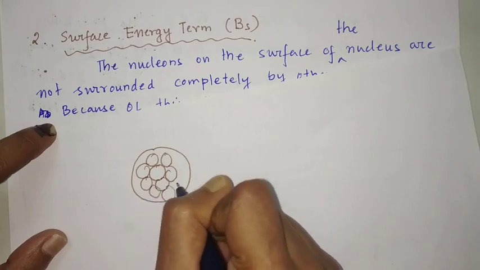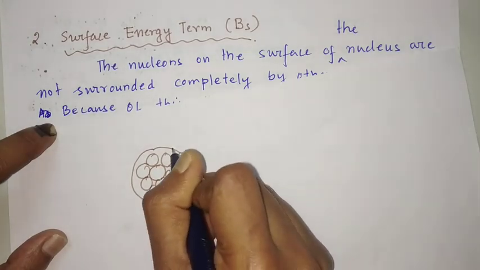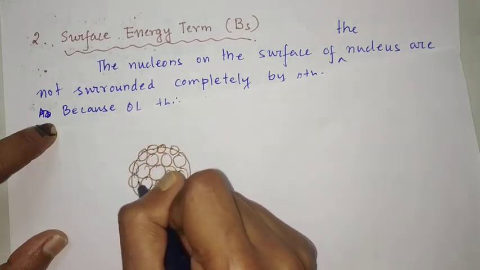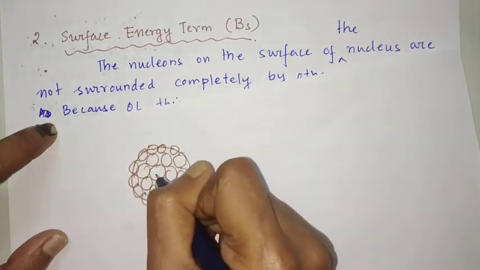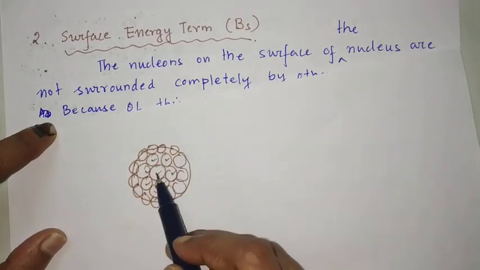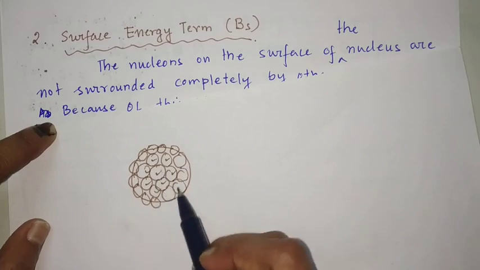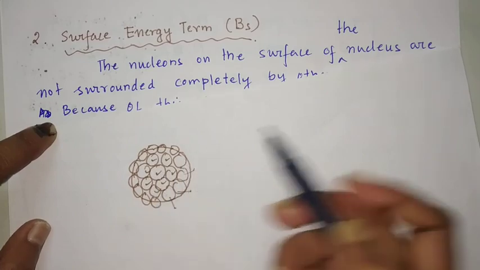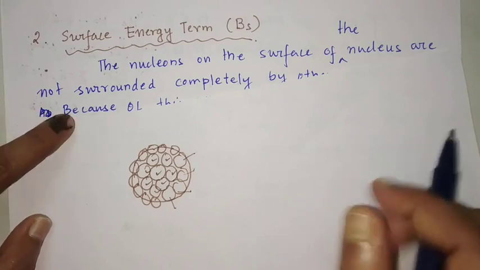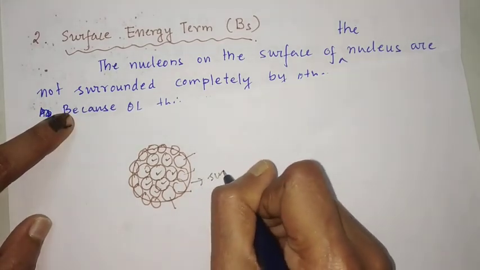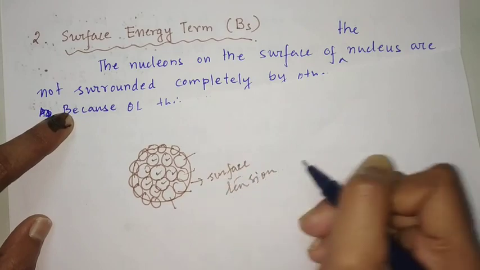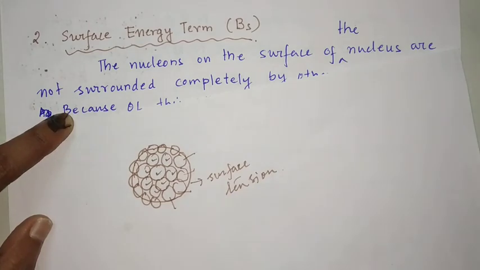If you look at the nucleons at the surface here, they are not completely surrounded by other nucleons, unlike these nucleons inside. Inside, the nucleons are completely surrounded, but the nucleons on the surface are not. As a result, a surface tension kind of effect acts on the surface of the nucleus.